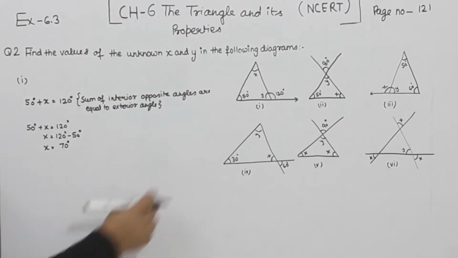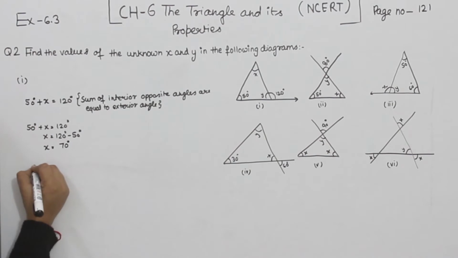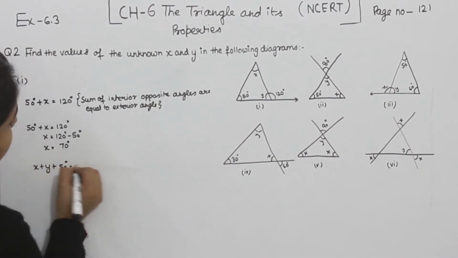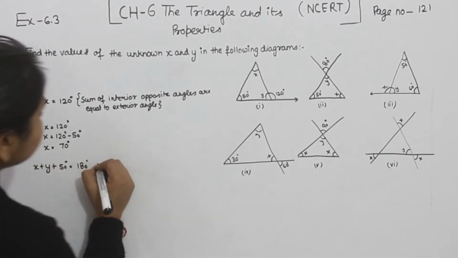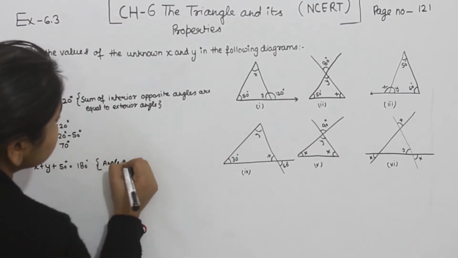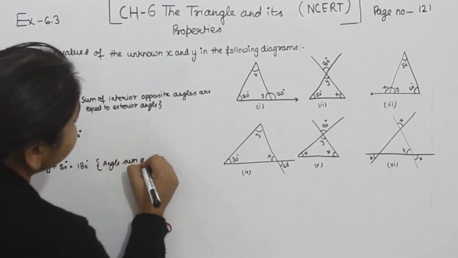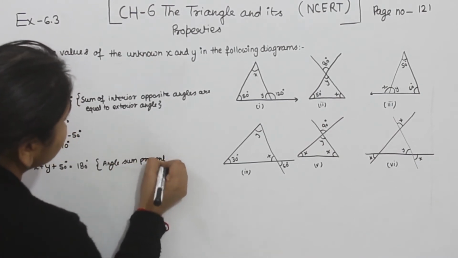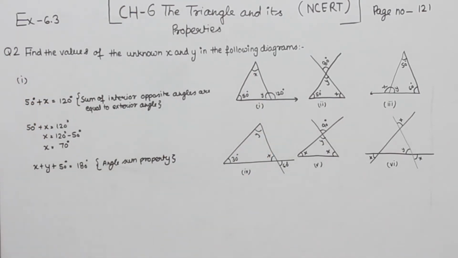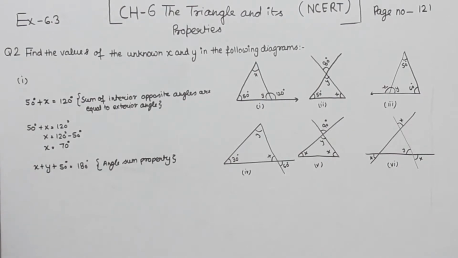Now we have to find the value of y. Now we are going to write here x plus y plus 50 is equal to 180 degree. Why? With the angle sum property. In the angle sum property, if we add the 3 angles of the triangle, then the total will be equal to 180 degree.